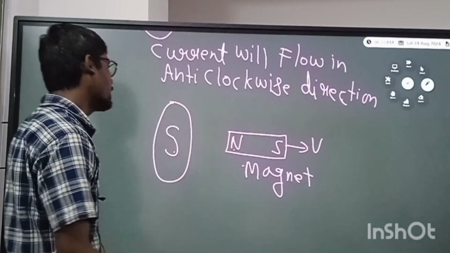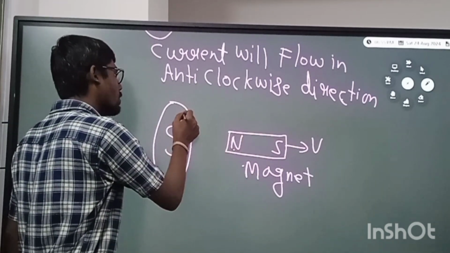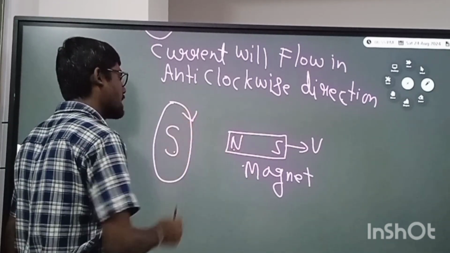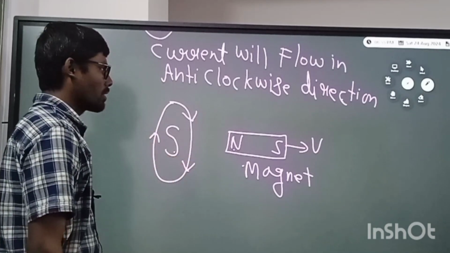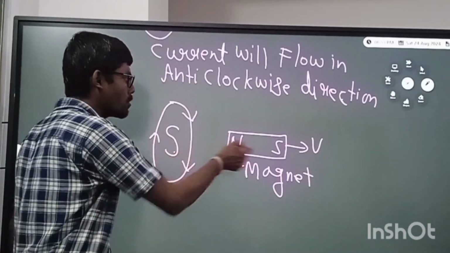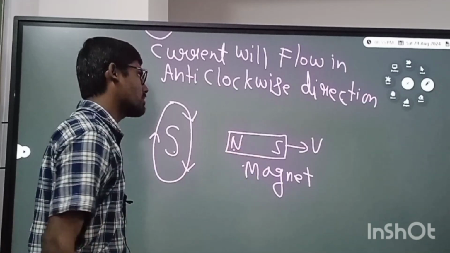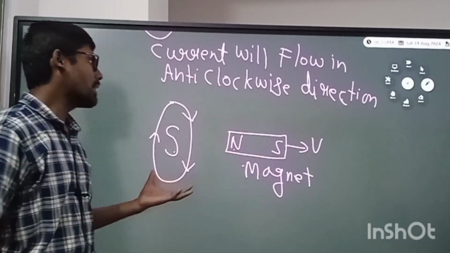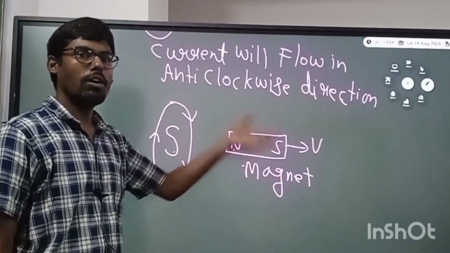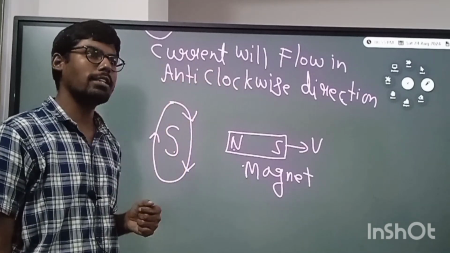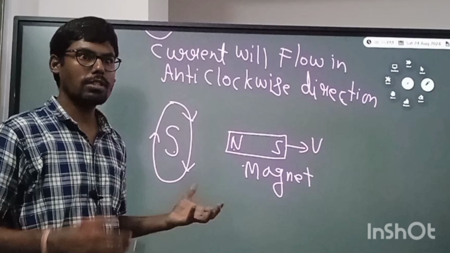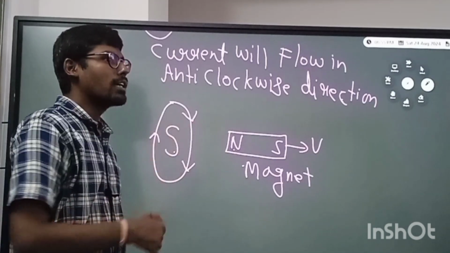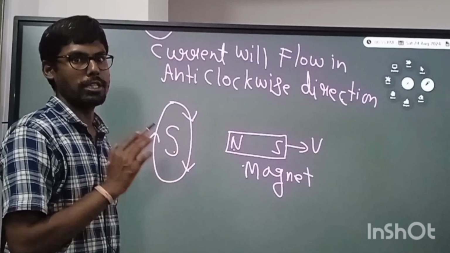In this case the current flows in clockwise direction, so that it will oppose the decrease in the magnetic flux. In this way Lenz law works, and in this way induced current flows in any conductor. Induced current always opposes the cause which has produced it.